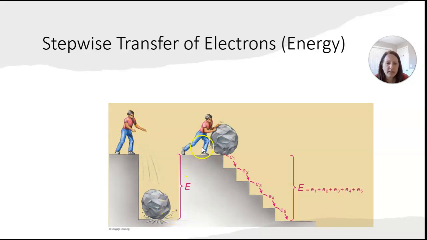Okay? Look at the other side of this figure where there are steps. So this person's going to push the boulder, and the boulder's going to kind of bounce at each step. And as it bounces, it's going to lose a little bit of energy over time. Okay? Same thing happens in chemical pathways like cellular respiration. So again, glucose doesn't just quickly get all the energy pulled out of it all at once. That would be an unmanageable, literally a burst of energy.